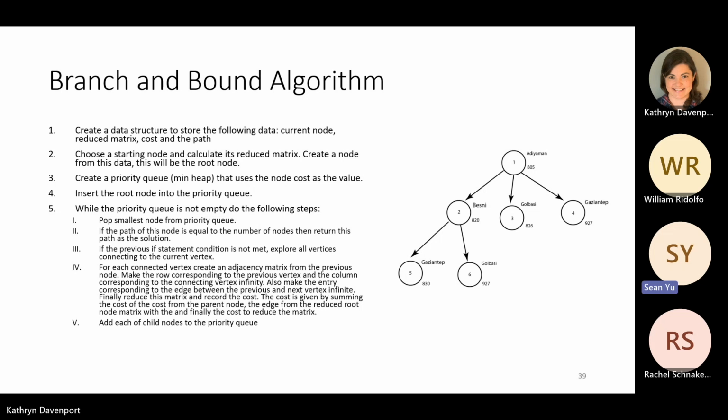In this example, the node would be Adiaman, and then the children nodes are the nodes that Adiaman is connected to. For each of them, you would calculate the reduced matrix, and then you would sequentially keep traveling using the minimum cost as calculated from the reduced matrix and from its children.